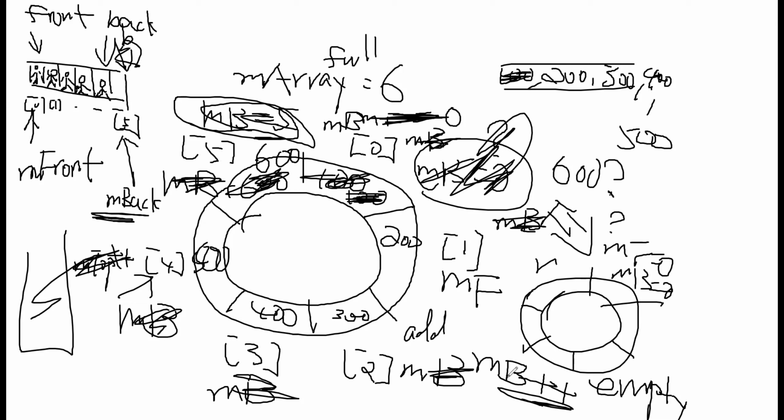But now m back is 5, and if you still do plus plus, it's going to be 6. But your array index is from 0 to 5. You don't have 6. So how do we solve this dilemma? It's going to be an out of bound exception error for the array.